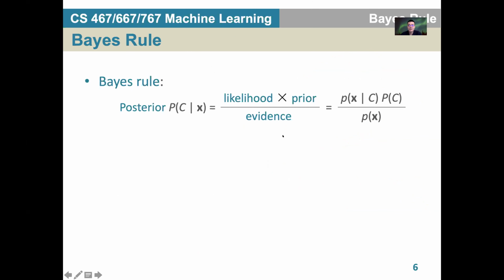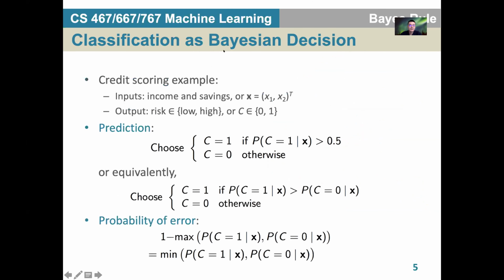Basically this is the evidence. You see these x1, x2 values, maybe 10 of them. What's the probability that you see that? So actually there is some probability. If you go back to the previous example, if you see somebody with a lot of income and also a lot of savings, probably high. If you see somebody with a lot of savings but almost no income, it's going to be a little bit lower.